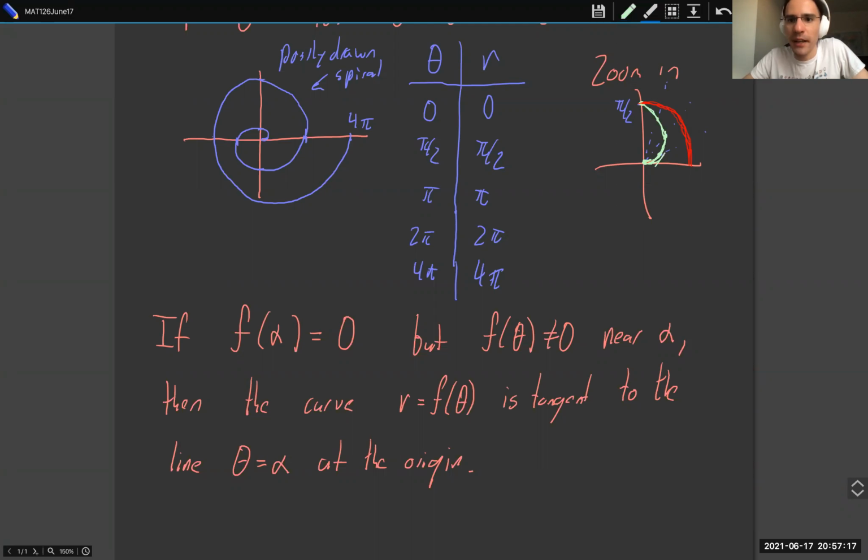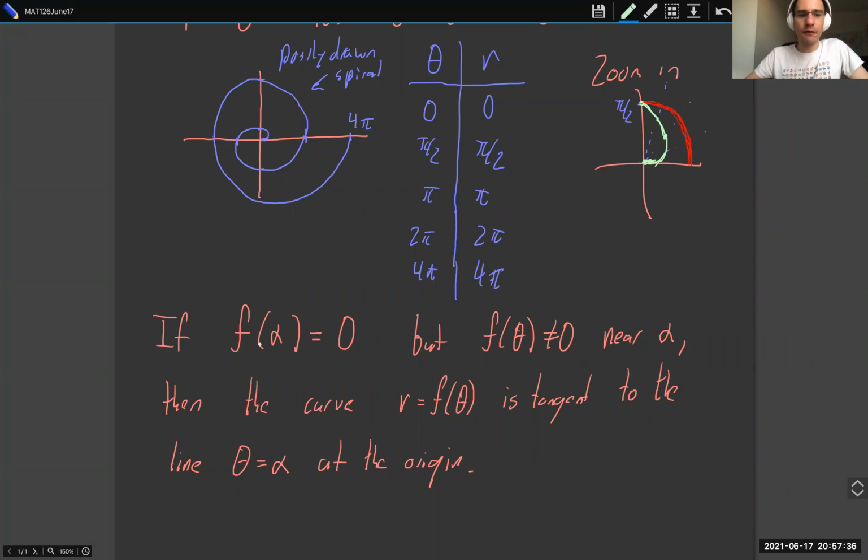Perhaps if I did stroke eraser. If I draw it like this, it will be clearer.